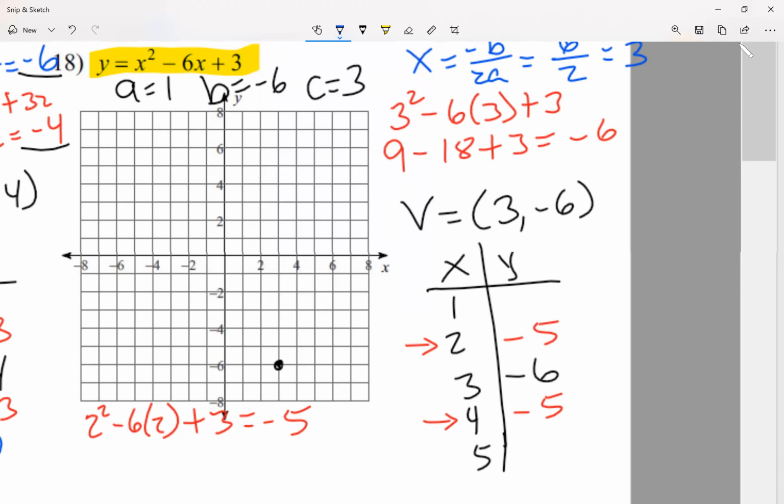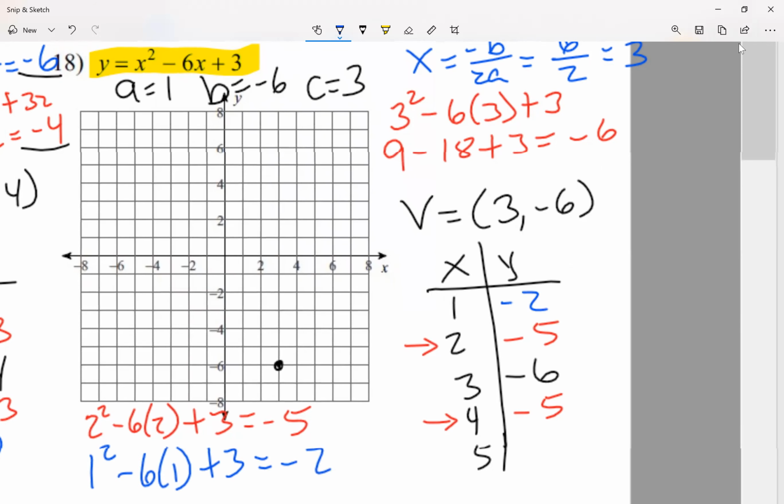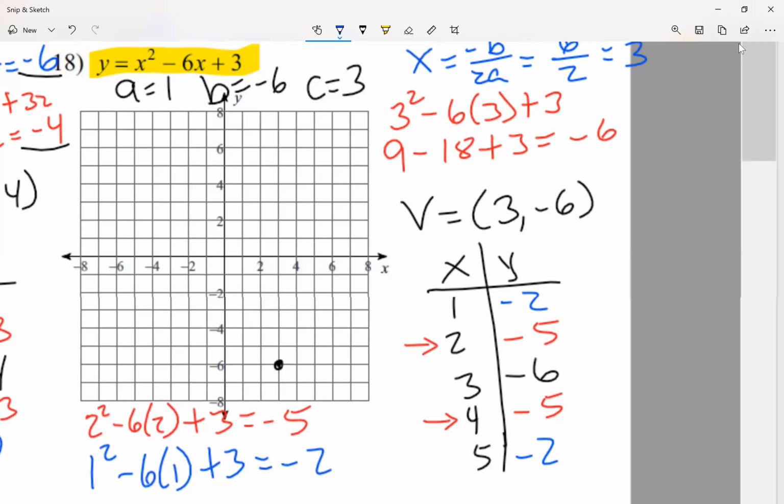For my other points, I can use x equals 1 or x equals 5. I'm going to choose the 1 because it's easier to work than the 5. So I'm going to do 1 squared minus 6 times 1 plus 3. So I have 1 minus 6 plus 3. That's a -2. All right, so my y value here and here at the bottom is -2.